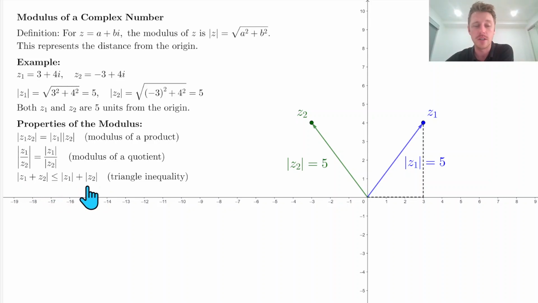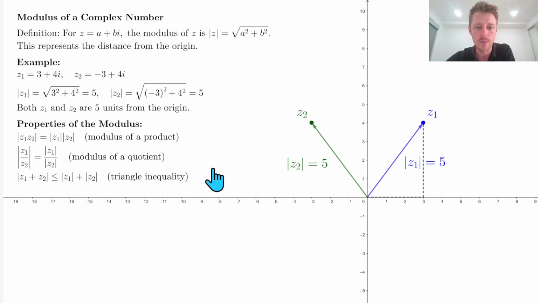But just briefly here, let's think. If you think of it as three sides of a triangle, z1 and z2, if you were to add z1 and z2, that's always going to be greater than or equal to the absolute value of the hypotenuse.